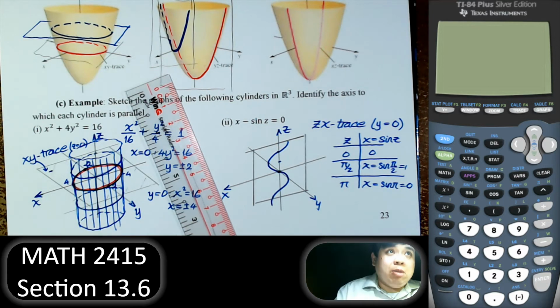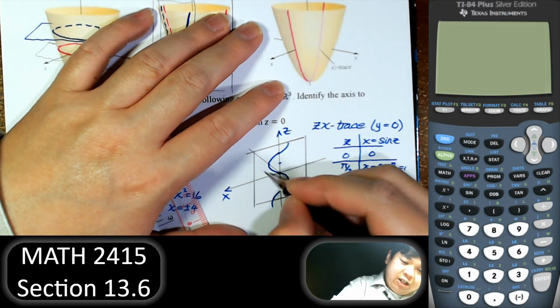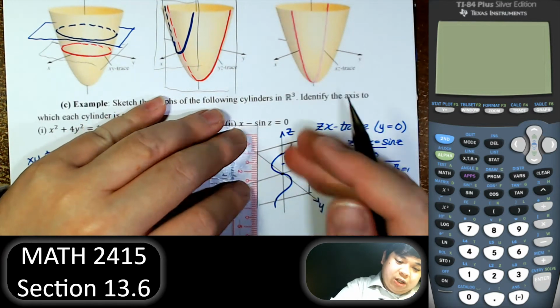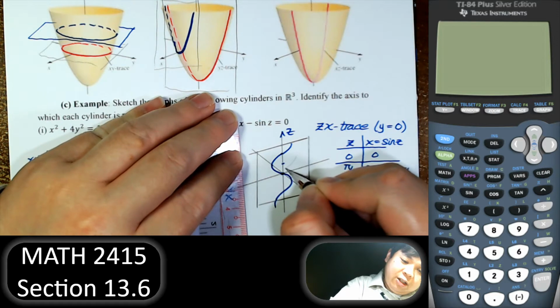And then y is arbitrary, so we have one curve like this, and then we just move that plane 1 unit along the y-axis. So we're going to have this.